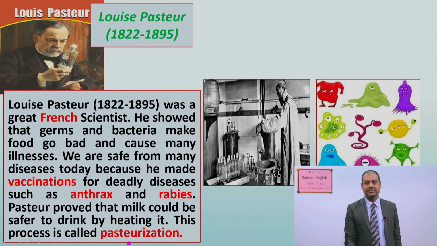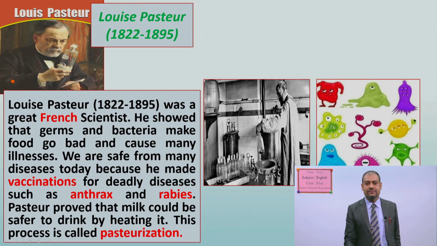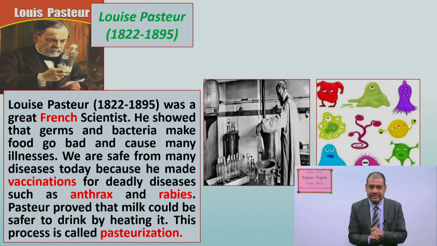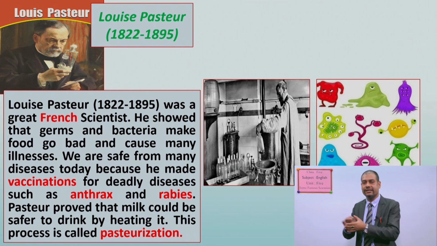Okay, so first of all, you have to pronounce these words with me. So is the text clear to you? See, Louis Pasteur is another famous scientist, and he made vaccinations also to save from different diseases. And he invented another thing, pasteurization, which can keep our food very safe.